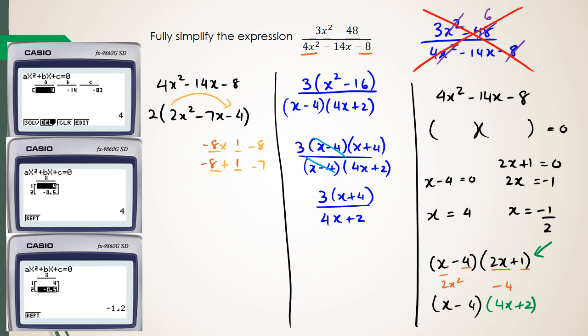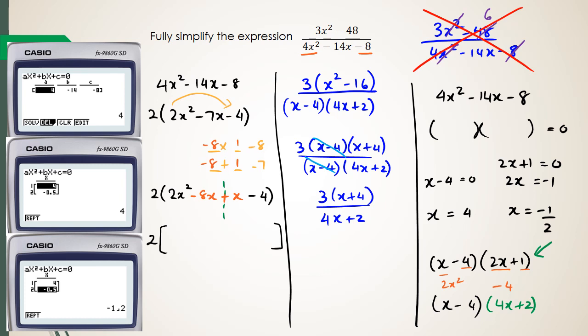So what I end up doing is I can write this as 2 times 2x squared minus 8x plus 1x minus 4. And then I do partial factorization. So I still have the 2 outside the bracket. I'm going to put a big square bracket this time.